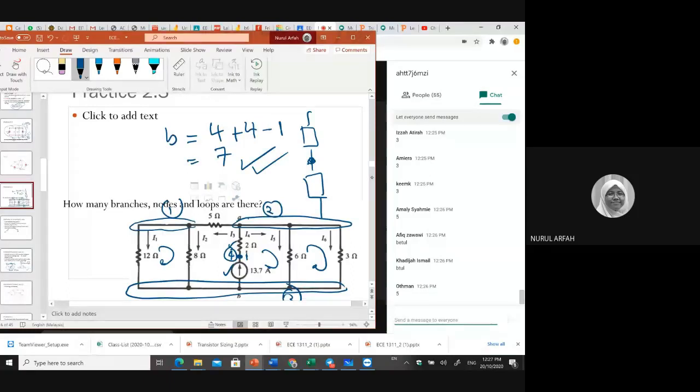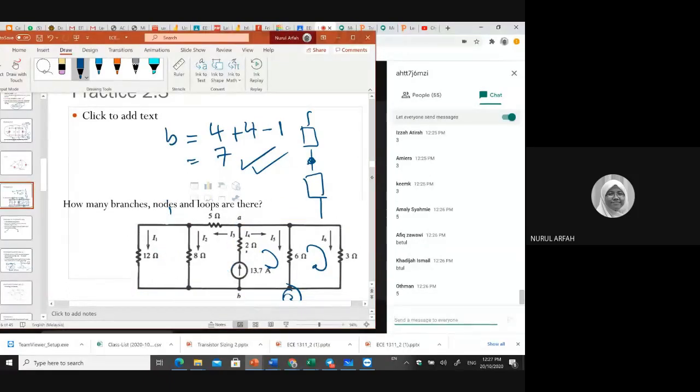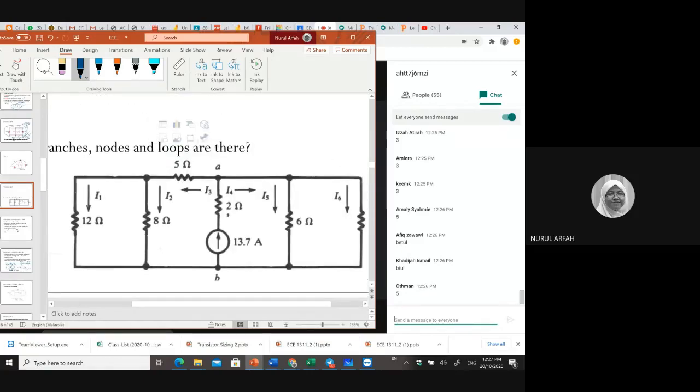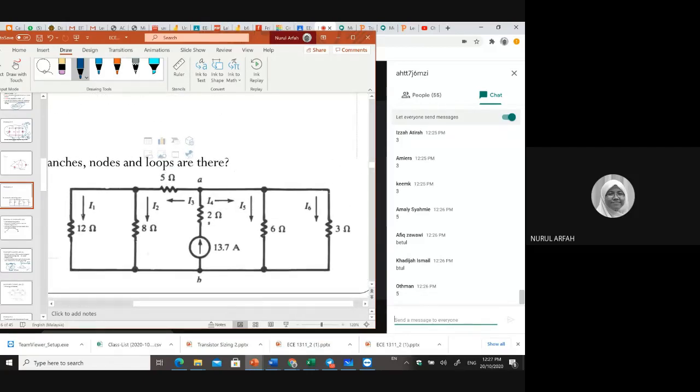Okay. All right. Now you have this. How many nodes are in here? I think the most crucial part here is nodes. How many nodes? You can write down. Okay. Some say 6.